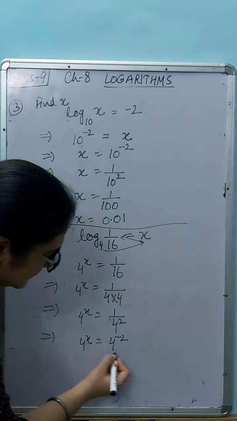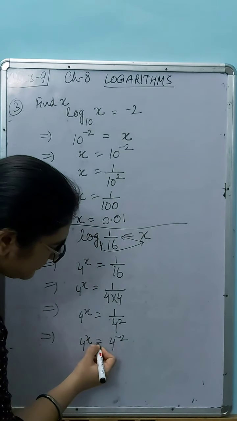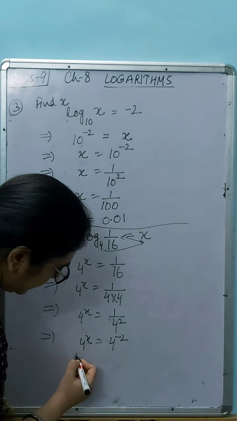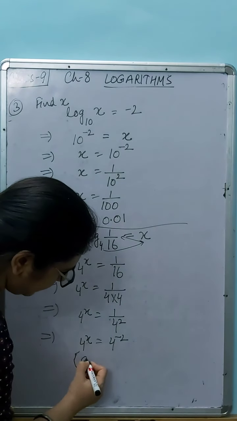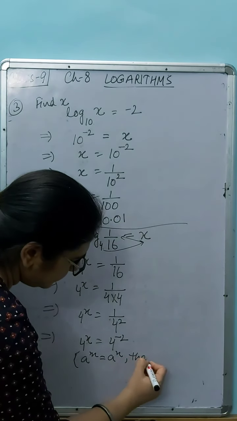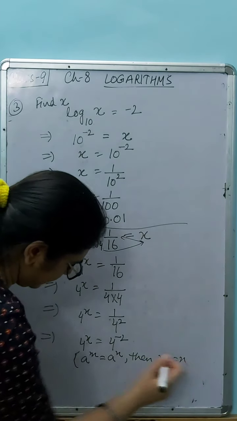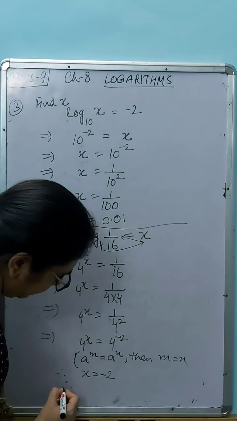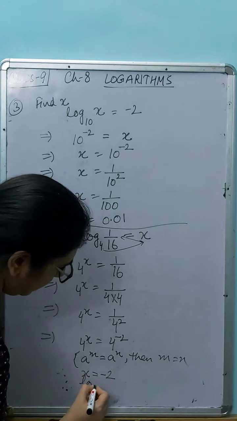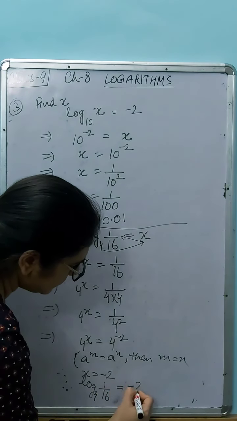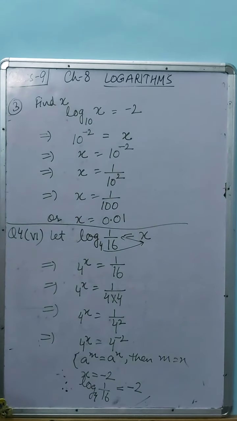Now the bases are the same, and when bases are the same, the powers get equated. Or you can write a law: if a raised to power m is equal to a raised to power n, then m is equal to n. So therefore x is equal to -2. Therefore log 1/16 to the base 4 is equal to -2. Answer. Very easy.